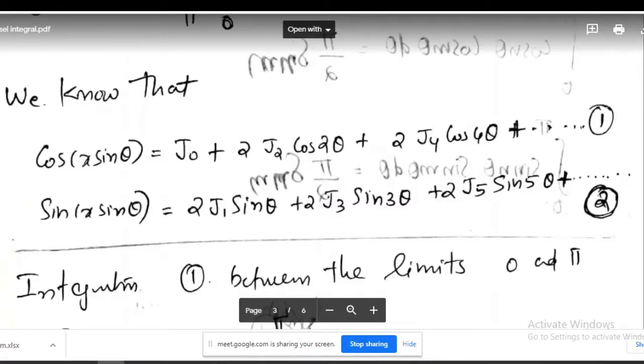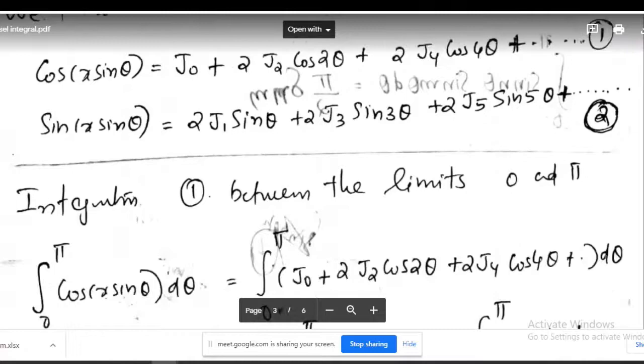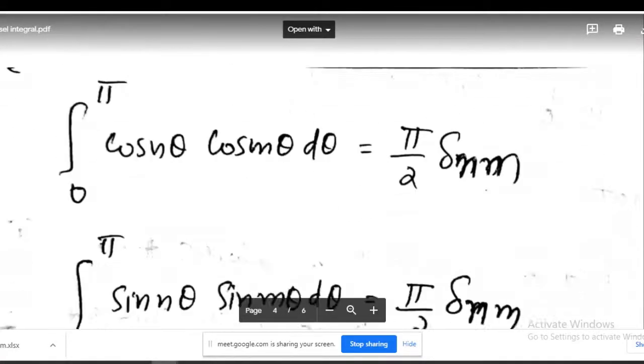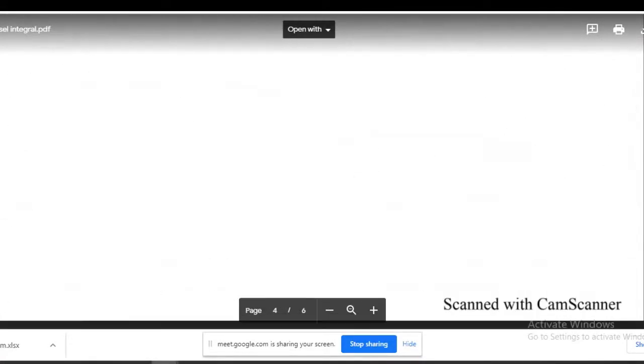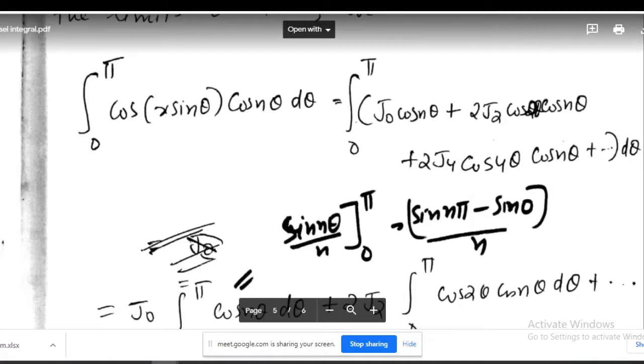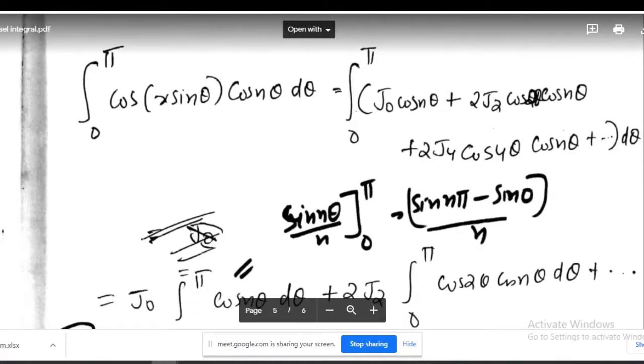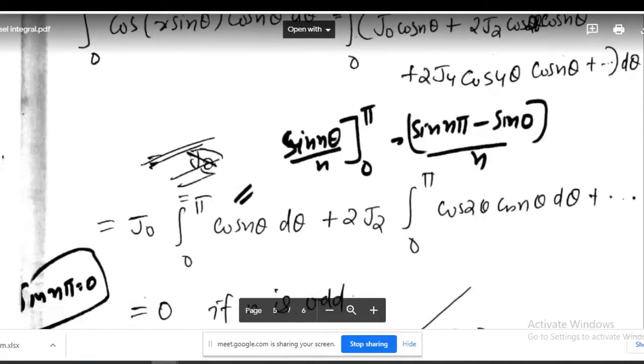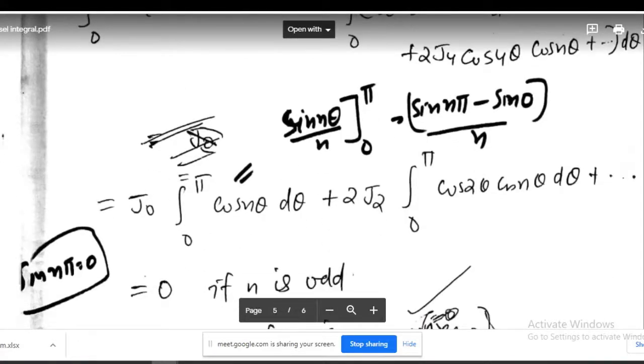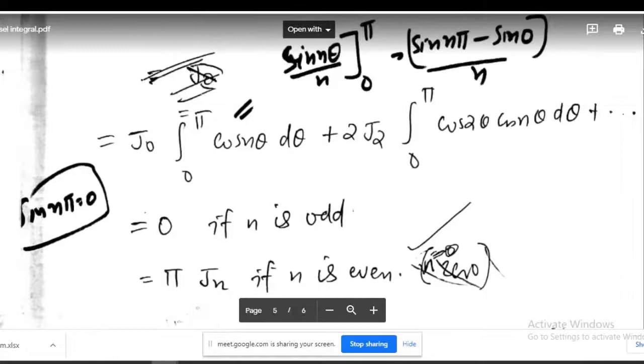Can you write the result as we wrote in the case of multiplying the equation by cos?